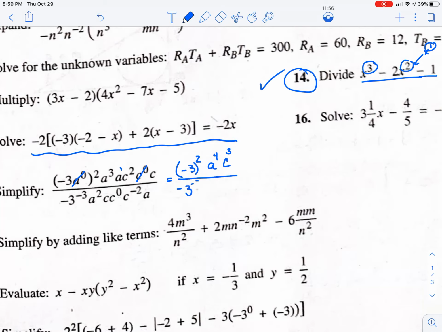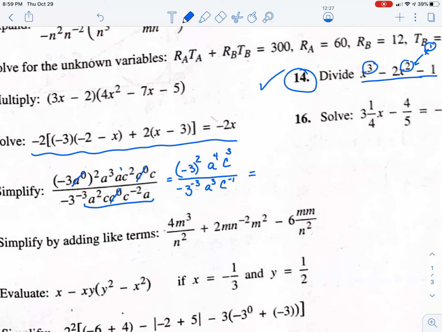But before I do that, I'm going to leave it right where it is for just a moment because I want to handle the rest of this part first. So let's do, I have a to the third, it looks like. And c, this is going to be a 1, so I can just cross that out. And I have c times c to the negative second power, so that's going to be c to the negative first power.